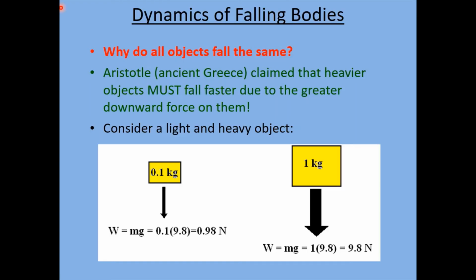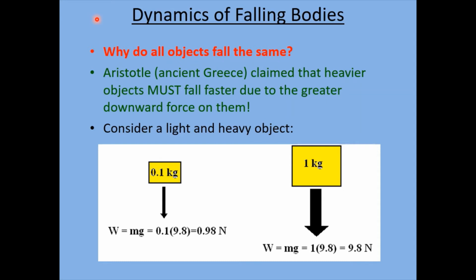We now turn to the dynamics of falling bodies. We talked about falling bodies earlier in the course, in one of the first chapters, and what we learned there from doing experiments and repeating some of Galileo's work is that all falling objects, assuming there's no wind resistance, fall at the same speed and acceleration, and they hit the ground at the same time.